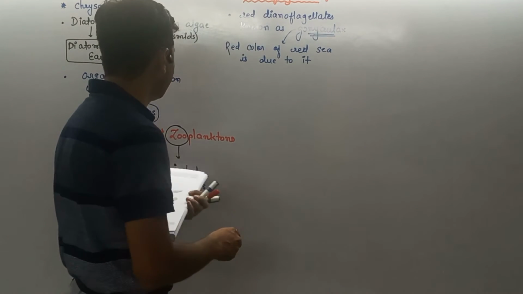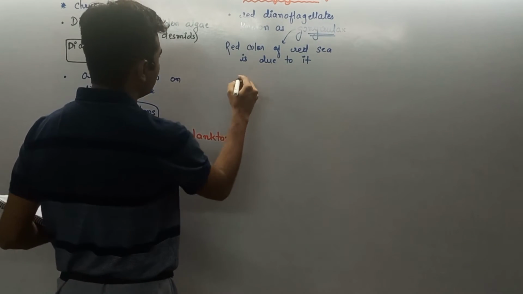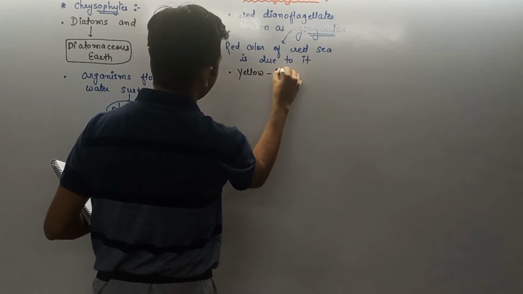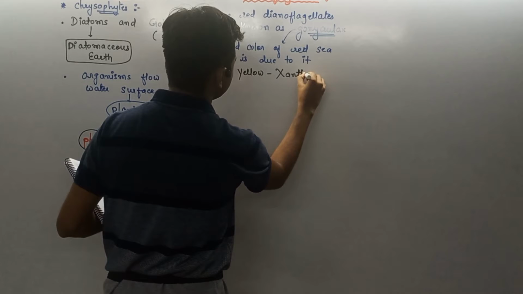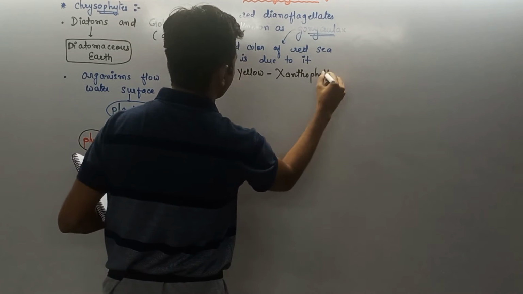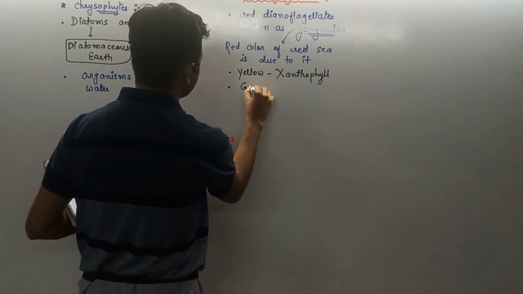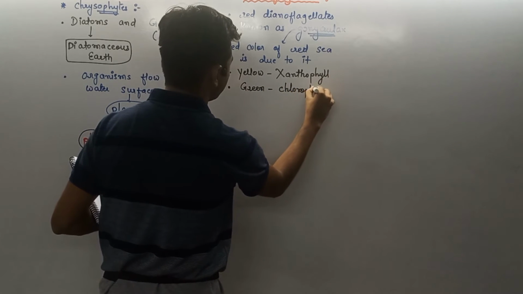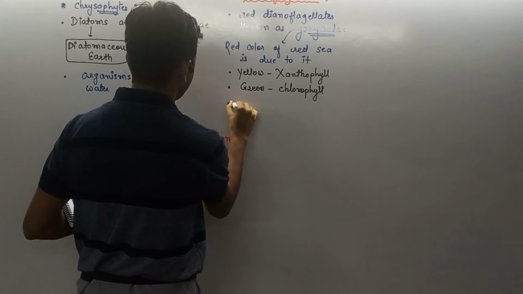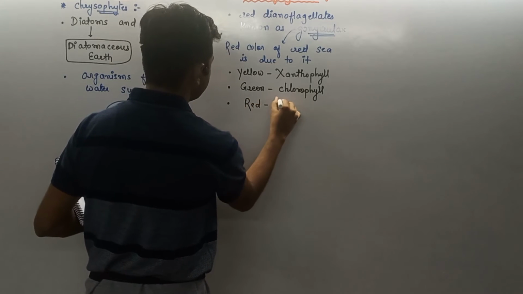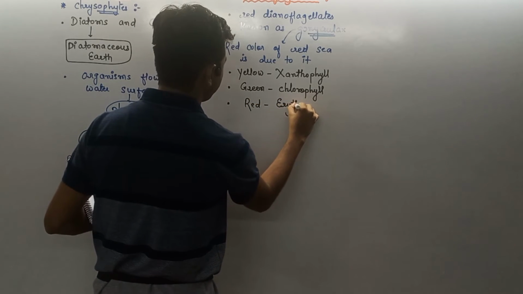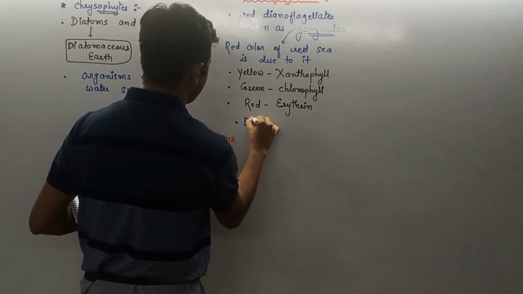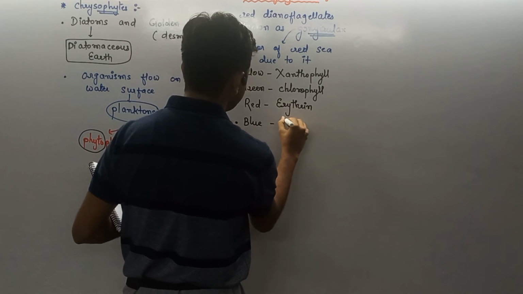So for your kind information, yellow color is due to xanthophyll, green color is due to chlorophyll, red color is due to erythrin, blue color it is due to cyanine.